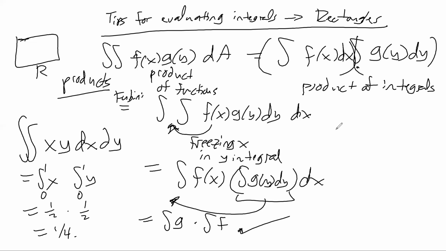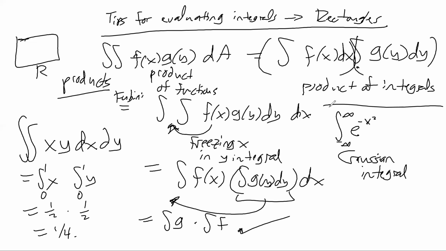Actually, this idea is one way to evaluate the famous Gaussian integral. And we'll probably talk about that when we get access to polar coordinates. So I won't mention that further.